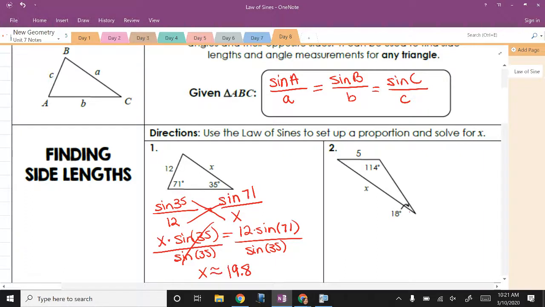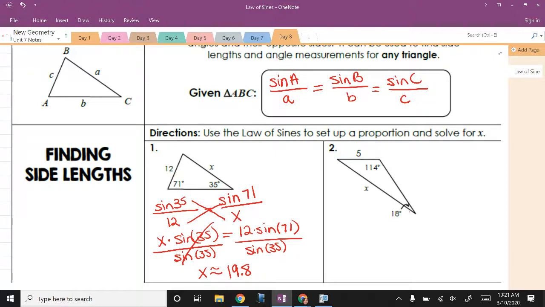Yeah, so 12 has got to be smaller than 19.8. Does that make sense? Smaller angles are across from smaller sides. Okay, so that's how you do law of sines. You set up a proportion using opposite angles with opposite sides, and it's sine of the angle over the side equals the other one.